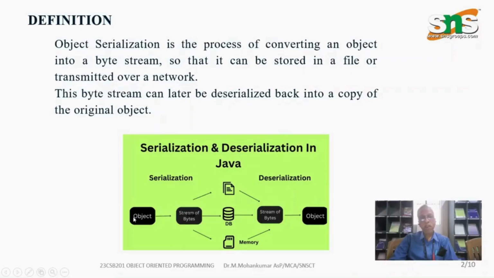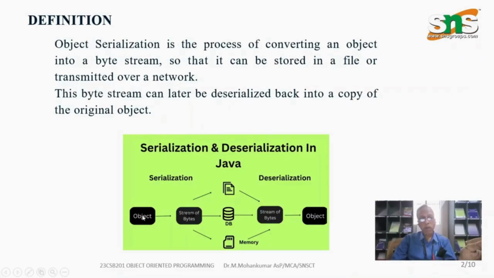We already know that Java is based on objects. So the object is converted into a byte stream, then stored in a file, database, or memory. After that, the byte stream is converted back and displayed as an object. Here we have two different parts: serialization and deserialization.